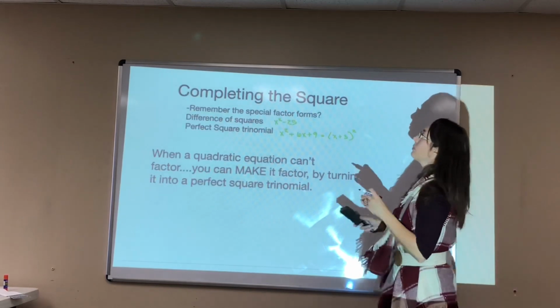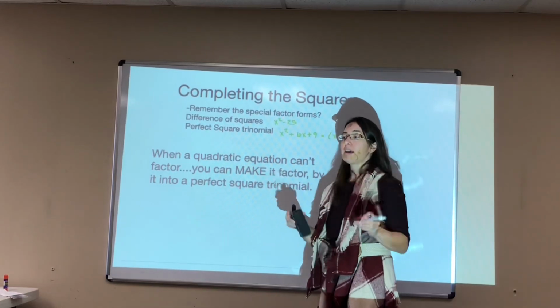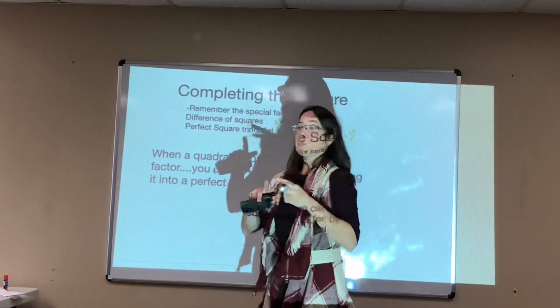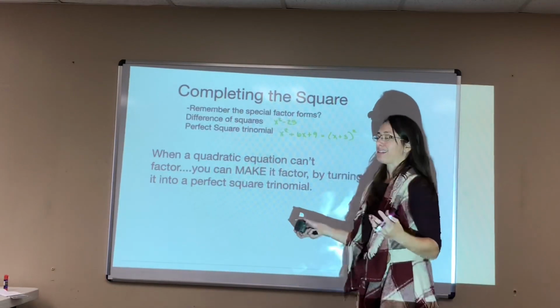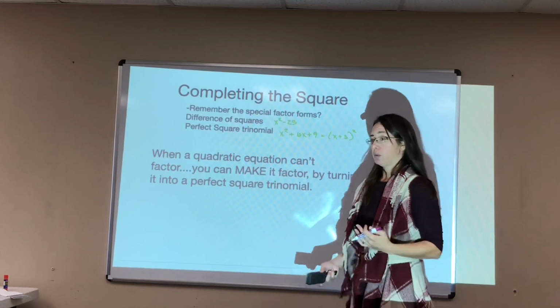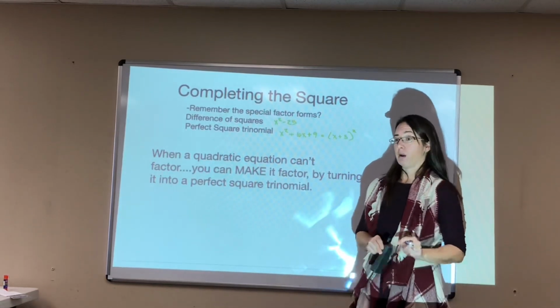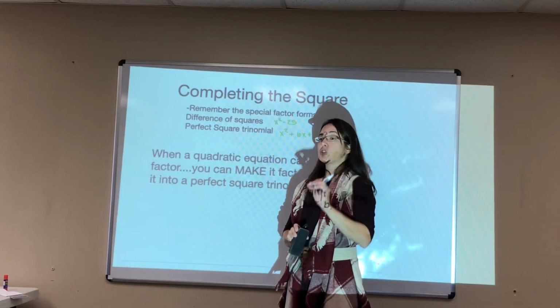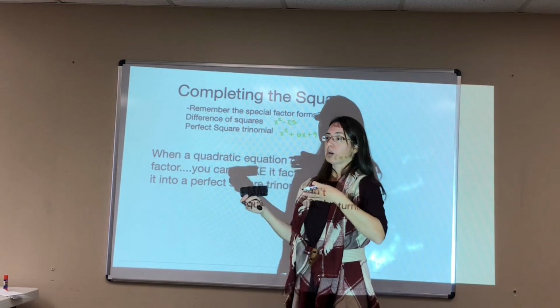Okay. Completing the square. Completing the square is when we have values and we can't factor it right away. So we have some equation that doesn't factor well, or we want to put it in vertex form. To do that, we need to have just our x values squared.